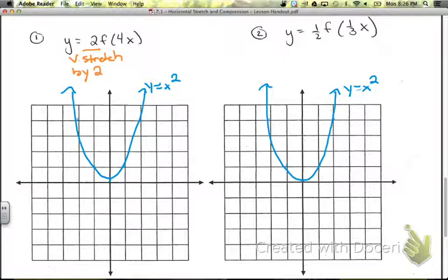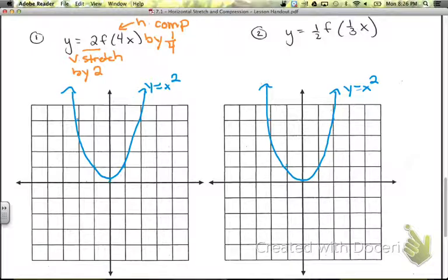And remember, when we're talking about vertical stretch and compressions, that's going to affect our y value. And then the 4 here is going to be a horizontal compression by a quarter. And that will affect our x value of each of our coordinates.